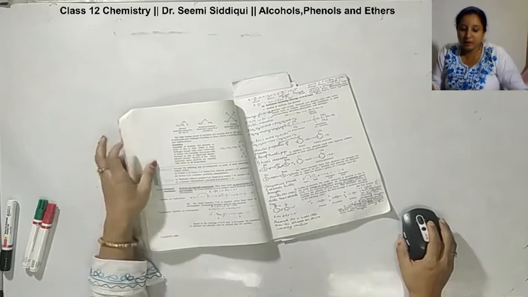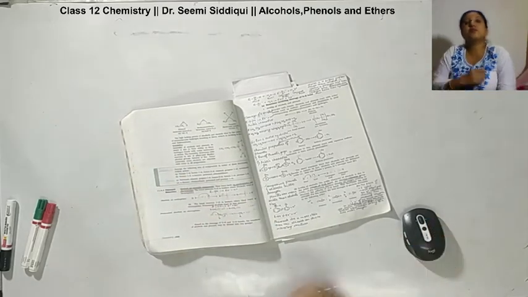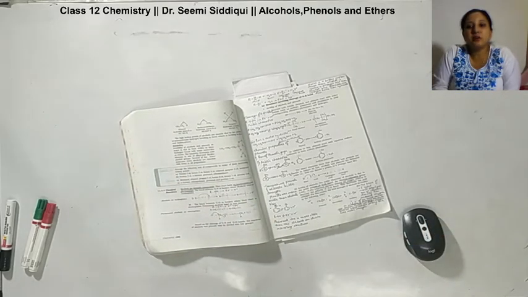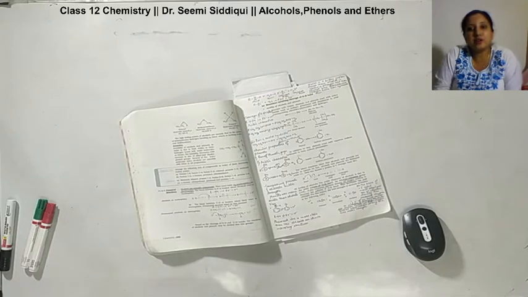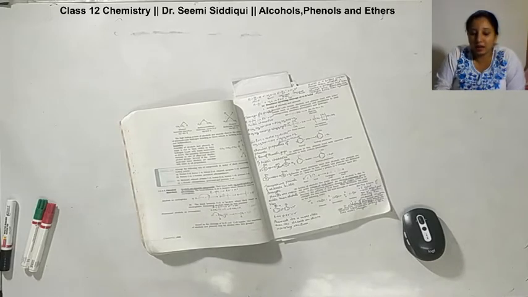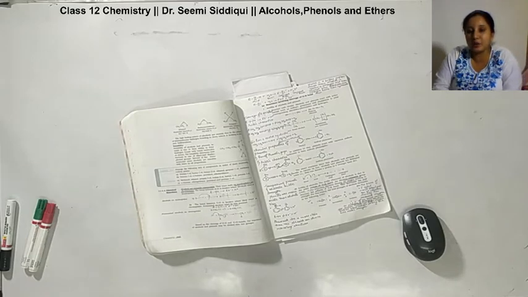Then the question came: why are phenols more acidic in nature compared to alcohol? The reason was the resonating structure. Why? Because if ROH gets divided, you get RO minus and H plus, which does not have any resonating structure.